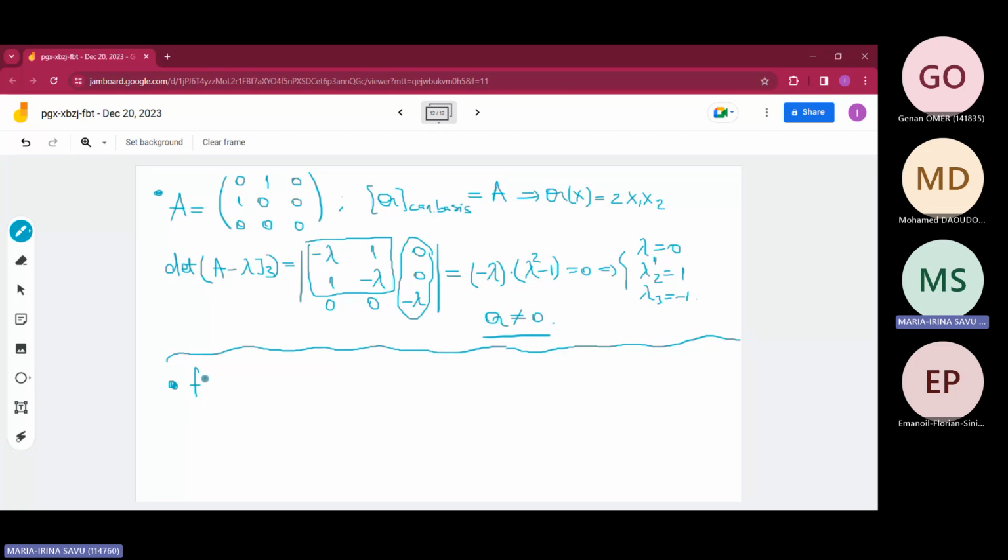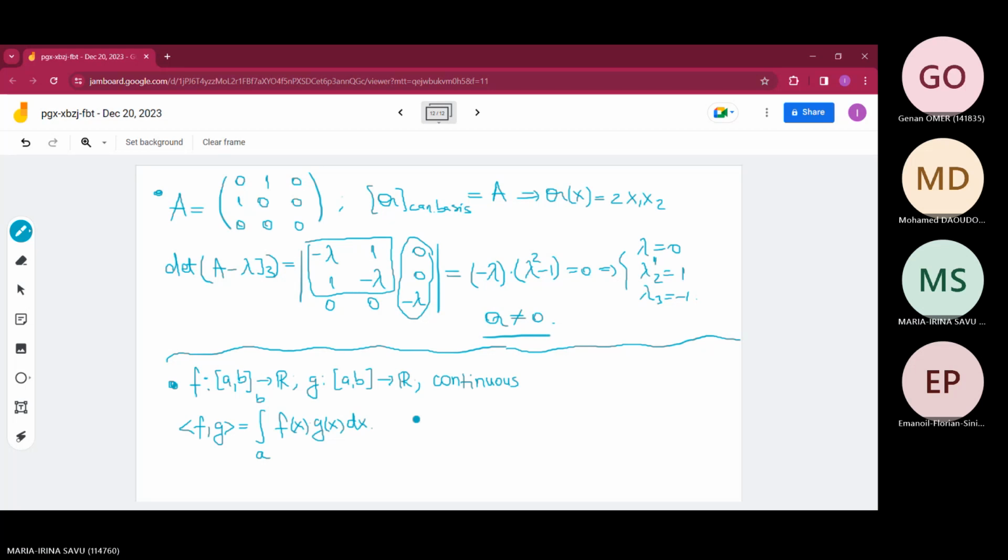Let's say that you have two continuous functions f and g defined on [a, b] with values in R. The product of f and g could be defined as the integral from a to b of f(x) times g(x) dx. This is an example of a dot product on functions.